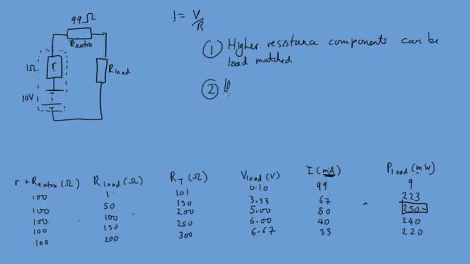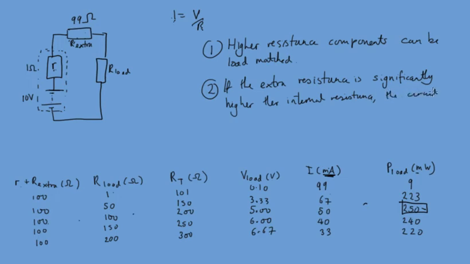Secondly, if the extra resistance is significantly higher than the internal resistance, the circuit operation is no longer dependent on the internal resistor, since the matching of the extra resistance is more important.